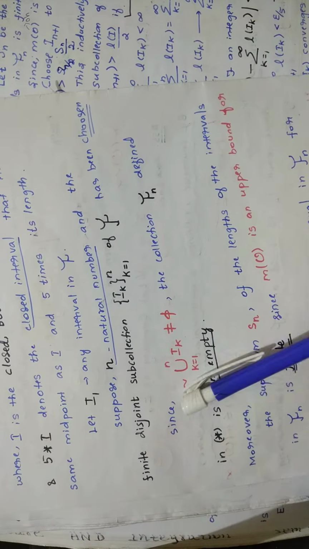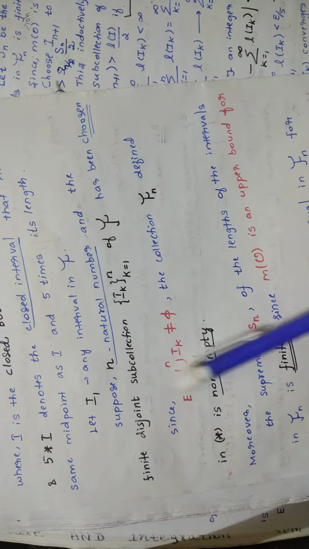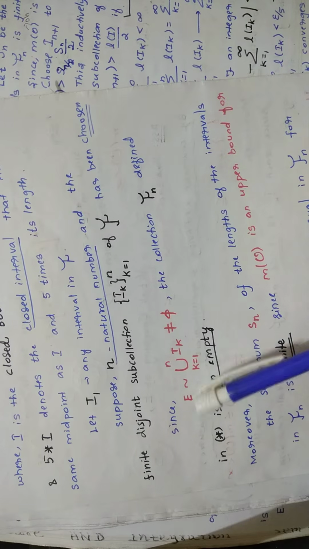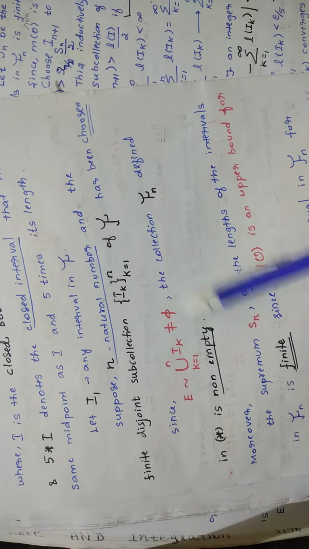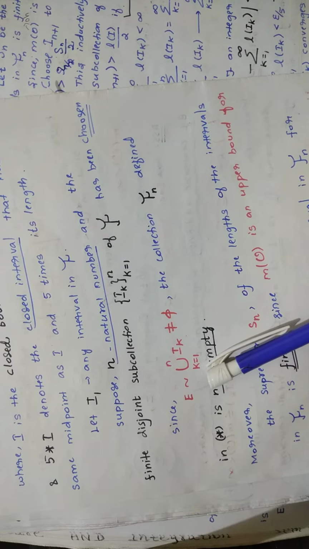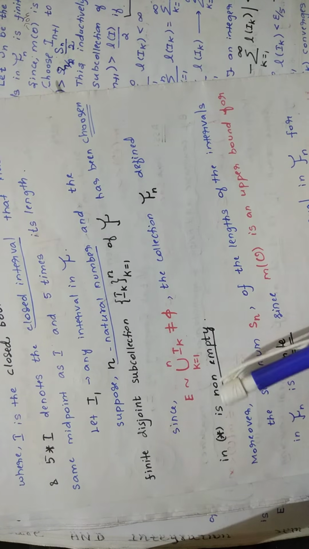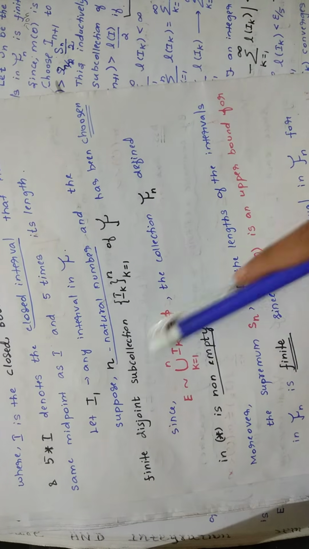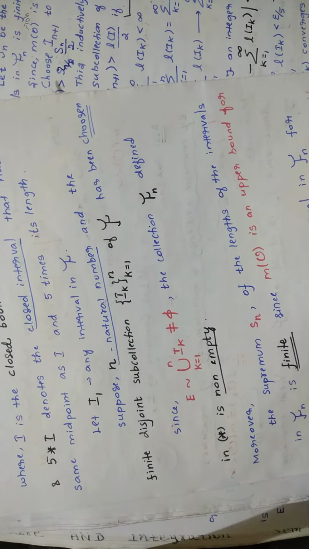Now we are writing, since E difference union is not equal to empty, okay, E difference this will be not equal to empty, that is from the set E, if you subtract this, you are not going to get empty, you will get some values.